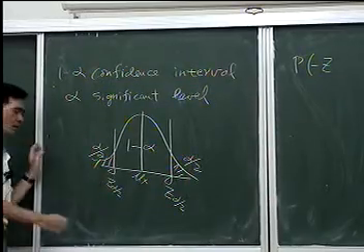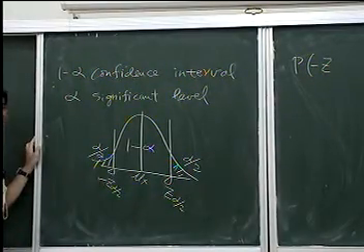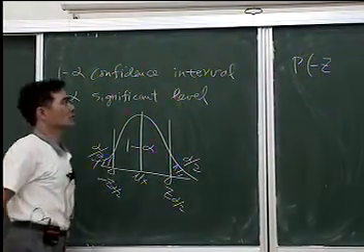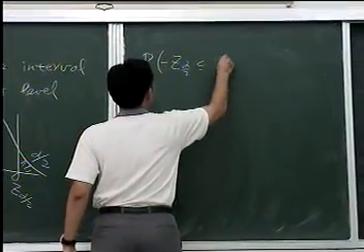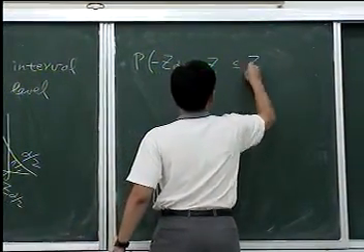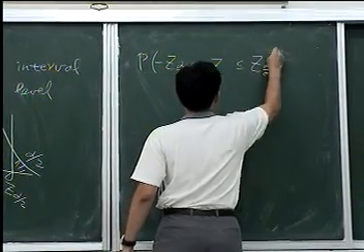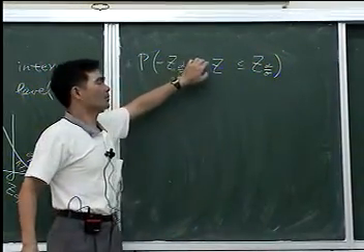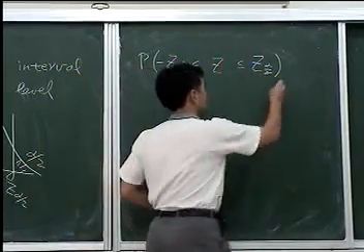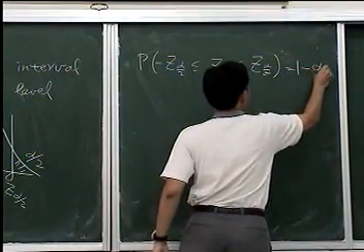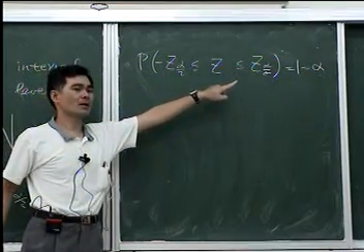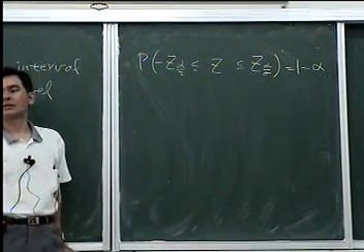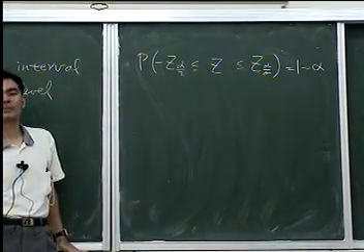So what should this be? This is a negative number. We know this probability is equal to 1 minus alpha. Any questions up to this point?